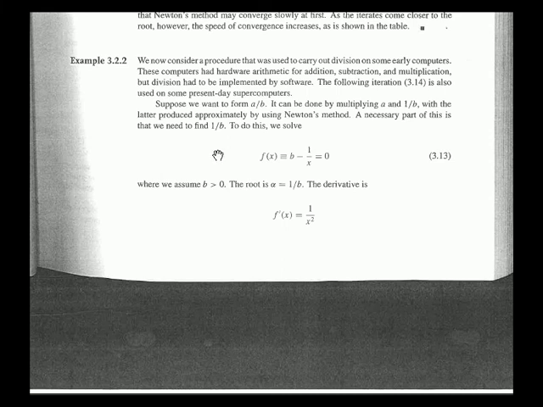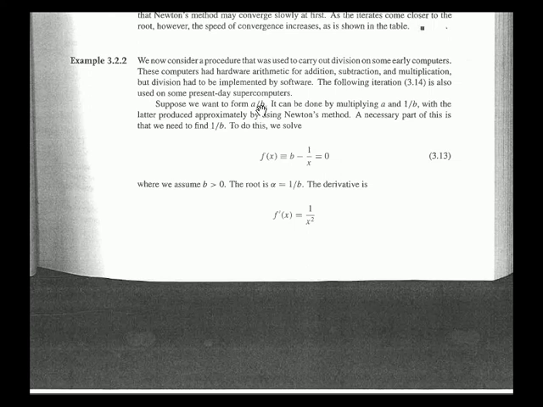So that's a way to calculate the square root of a without cheating and just using add, subtract, multiply, and divide. Well, some computers can only add, subtract, and multiply. They can't even divide. Some early computers, and in fact they say even some present-day supercomputers.